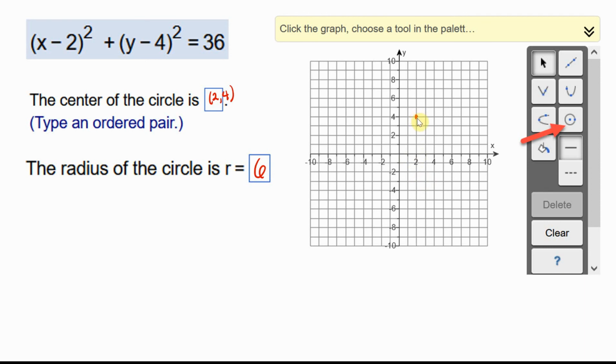That's the center. And then we're going to count out from the center 6 units. 1, 2, 3, 4, 5, 6. And then we're going to just draw that circle about that, right? It's drawn by hand, so more accurate on the computer.